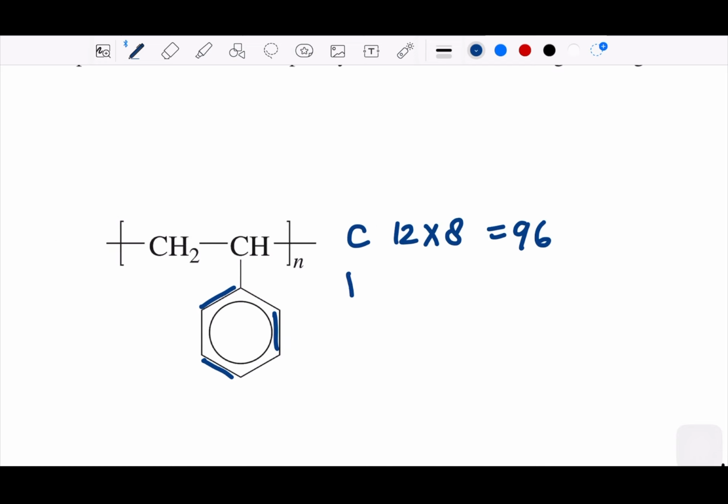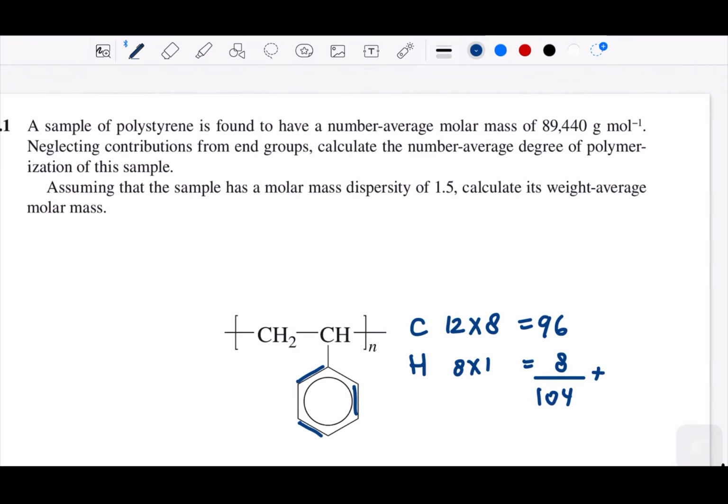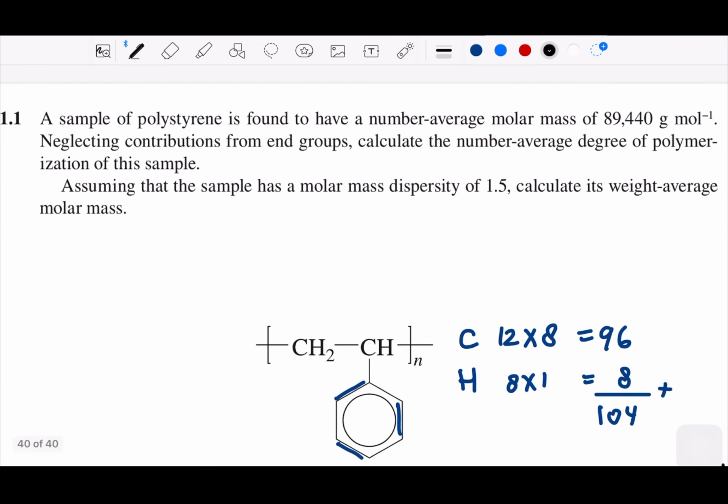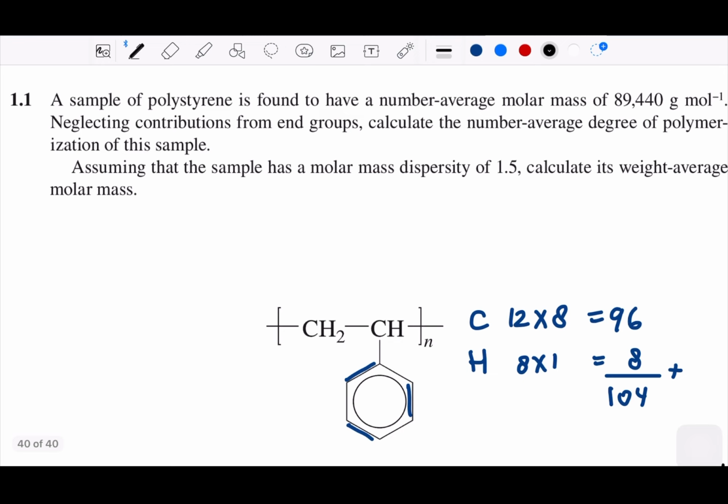This is carbon and hydrogen. 8, 1. So it's 104. So this is, we can say, the mass for the monomer, right?